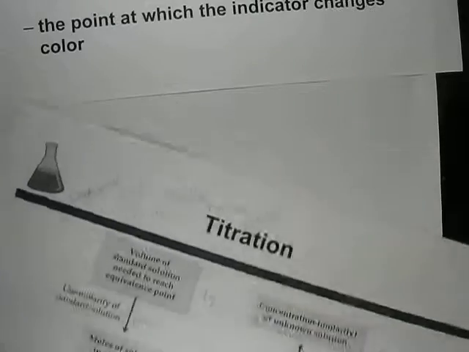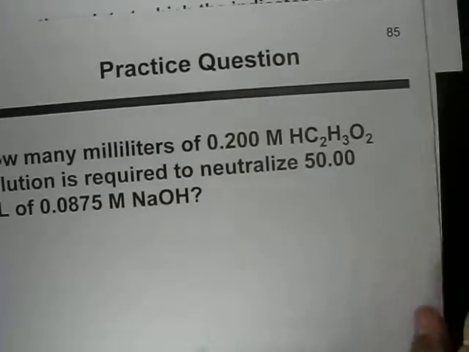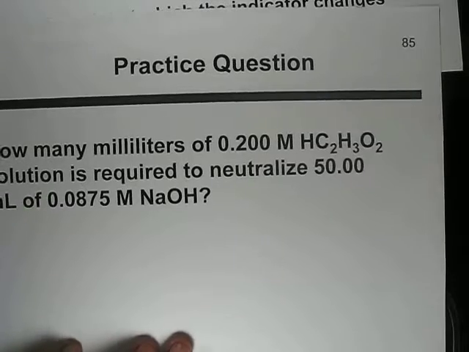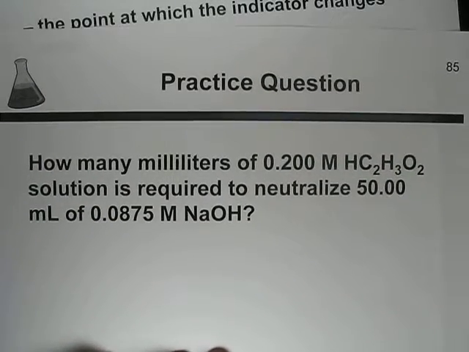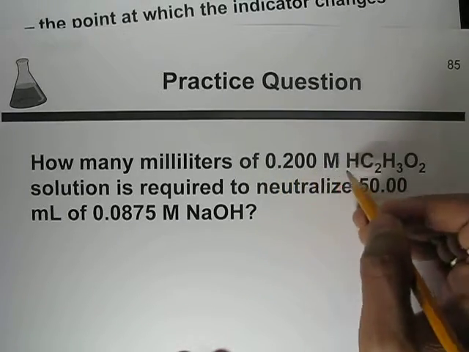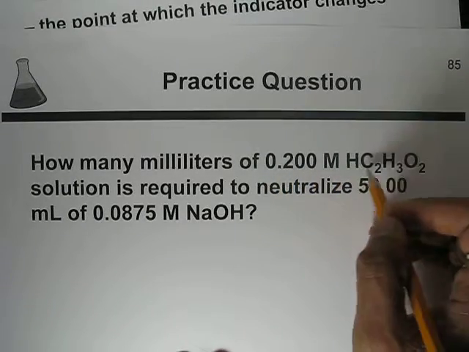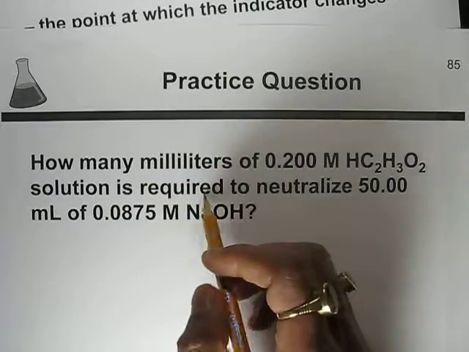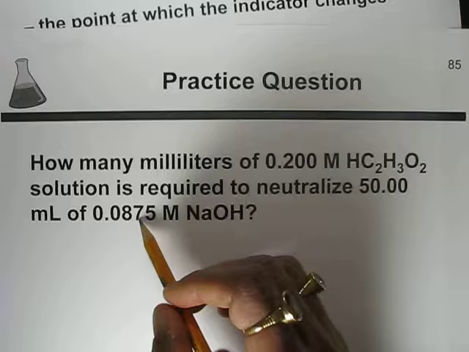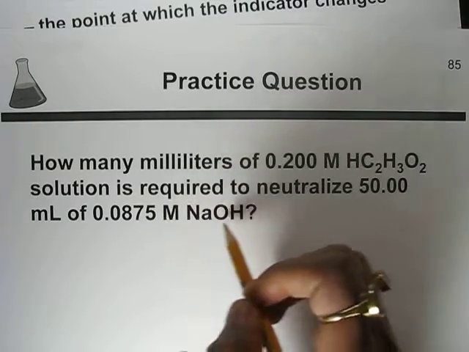So let's understand one calculation, then we can understand better. How many milliliters of 0.200 molar acetic acid solution is used to neutralize 50 ml of 0.0875 molar NaOH?